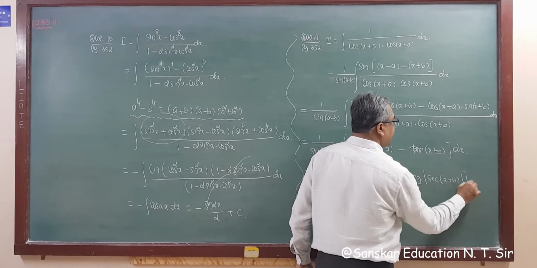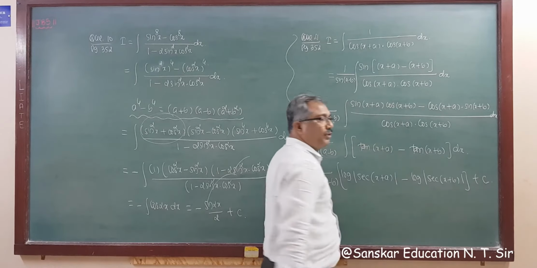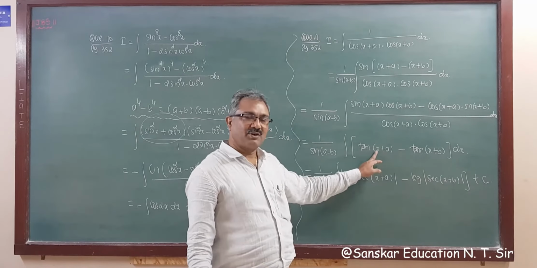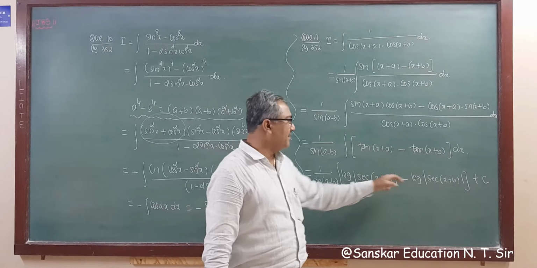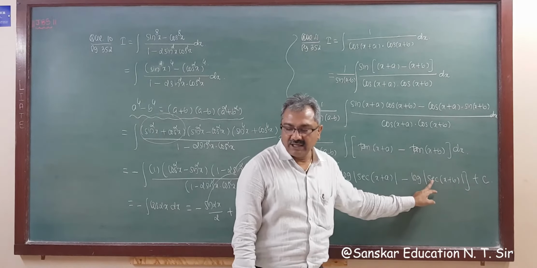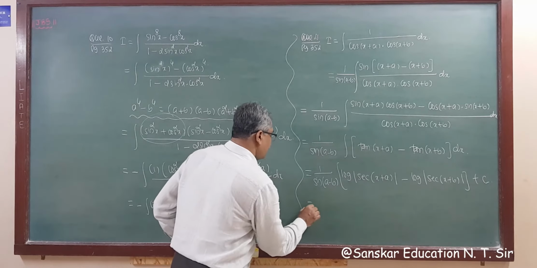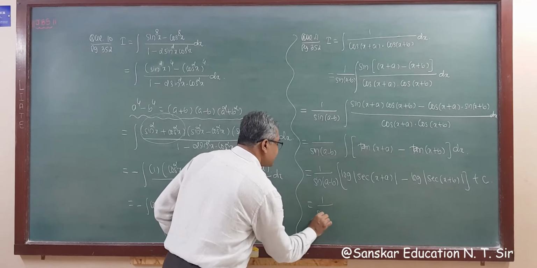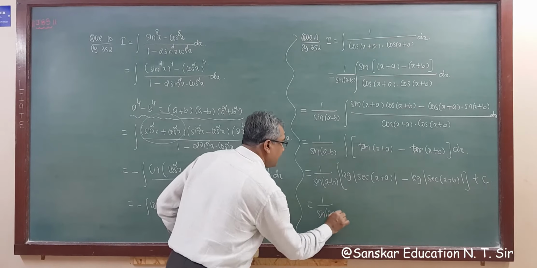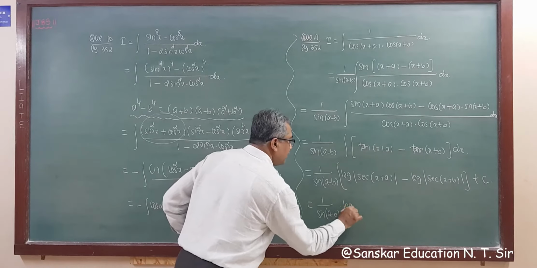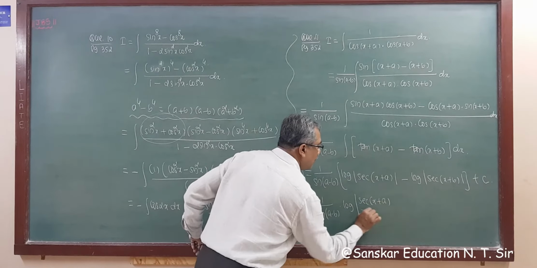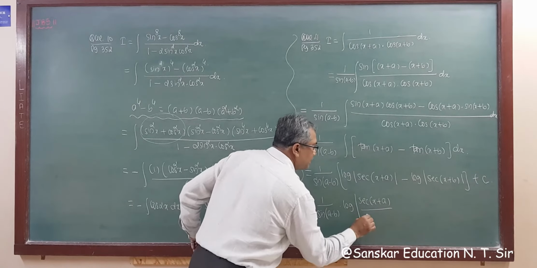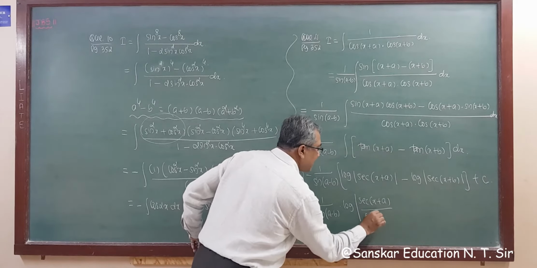As this is a linear function, no need to divide by the coefficient of x because the coefficient of x is 1. Now log a minus log b is log a upon b. So this is 1 upon sine a minus b into log mod sec x plus a, whole upon sec x plus b, right?